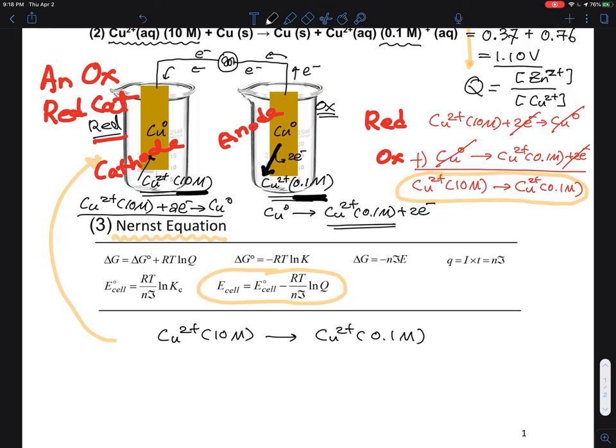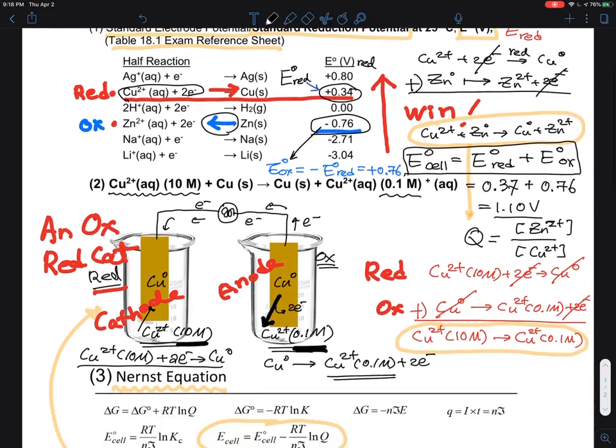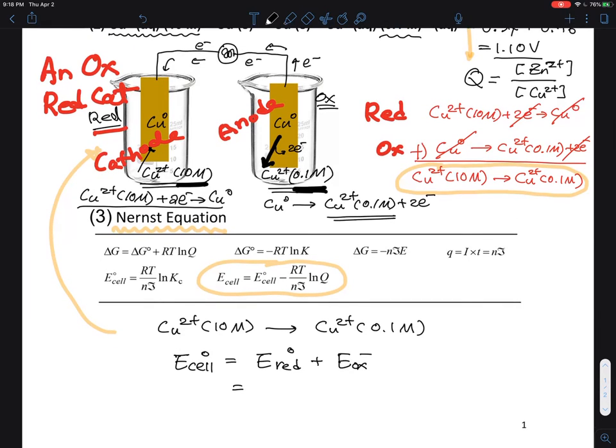So if you have that, what is my cell potential? Once again, it is a reduction potential plus oxidation potential. And if I look at my reduction potential, actually, let me go over and look at it. What's my reduction potential? That's plus 0.34. What's my oxidation potential? I guess the same number, opposite sign.